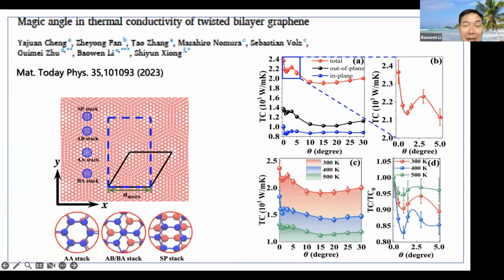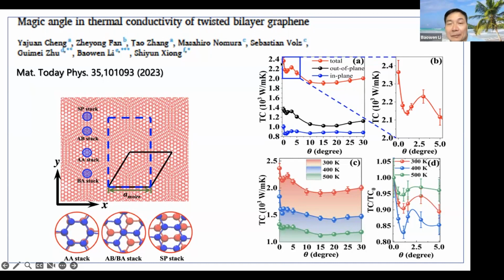We have calculated how the thermal conductivity changes at this angle. We found an interesting phenomenon at 1.08: there's a drop of the thermal conductivity. Across this 0.18 degree, the thermal conductivity increases a little bit and then goes further down.